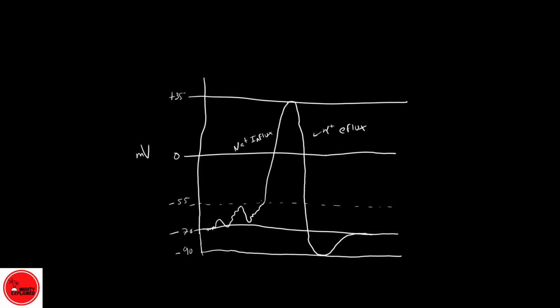And it gets to negative 55, and then boom, the voltage gated sodium channels influx a whole bunch of sodium, which causes you to go all the way up to positive 35. That triggers the voltage gated potassium channels to kick out a whole bunch of potassium, potassium efflux. They're slow to close. You get down here, and at negative 90, they're finally fully closed, so everything can equilibrate. It balances out back to negative 70 millivolts, and you're ready for the next one.